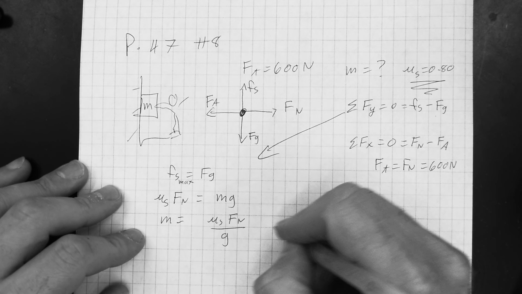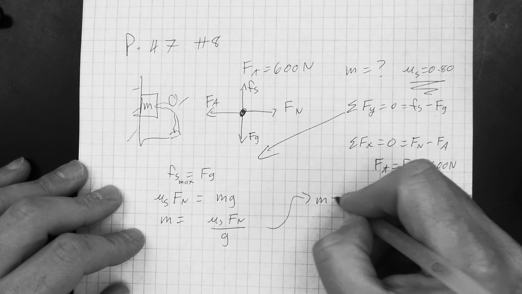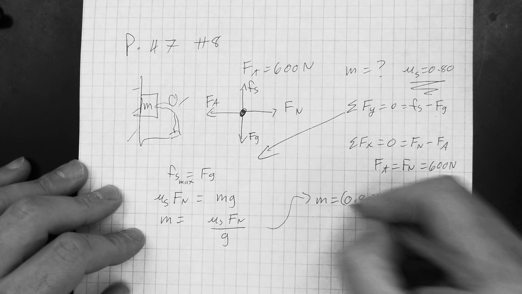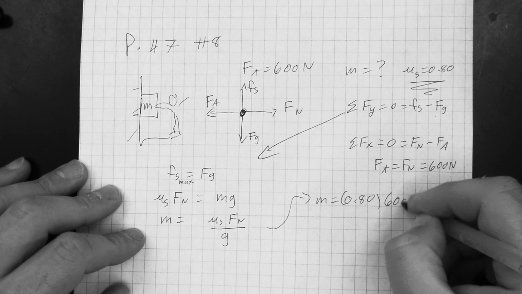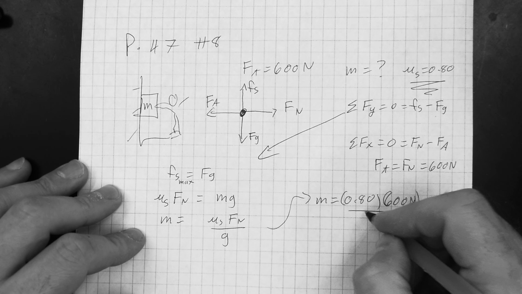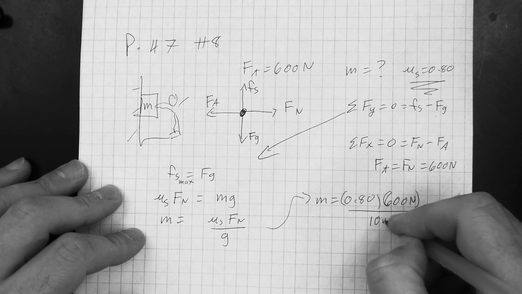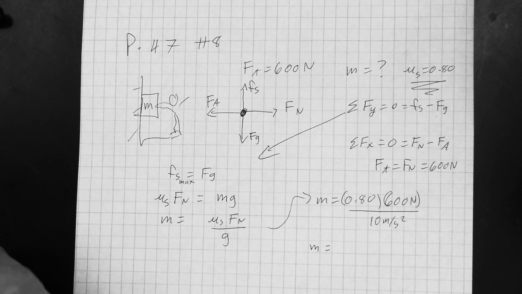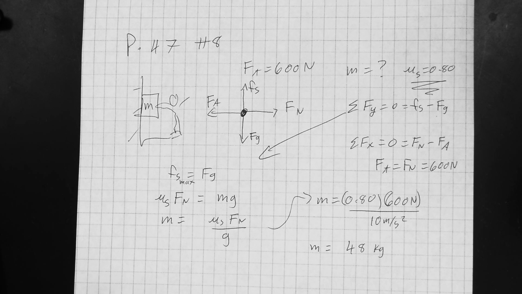And that leaves us with mass is equal to mu s of 0.80 times the normal force, which was 600 newtons, divided by the acceleration due to gravity, which is 10 meters per second squared. And so our mass ends up being 48 kilograms.